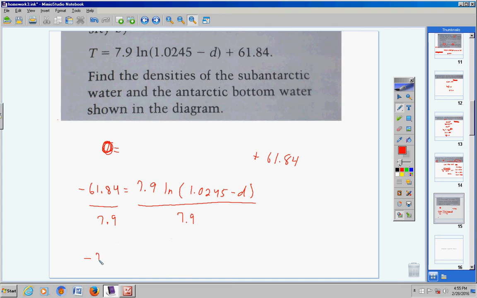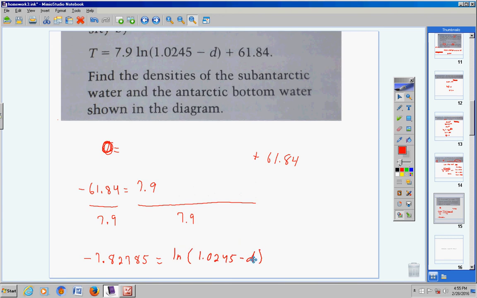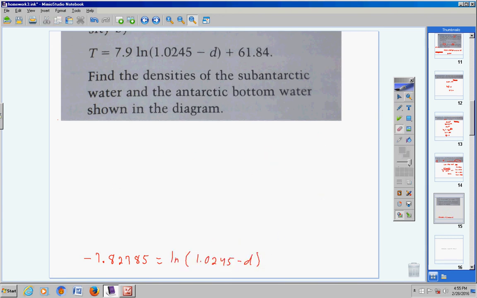Negative 7.82785 equals, and of course now the 7.9 is gone, so we're left with this right here. Let's erase all of this and get some more space, and let's continue on.